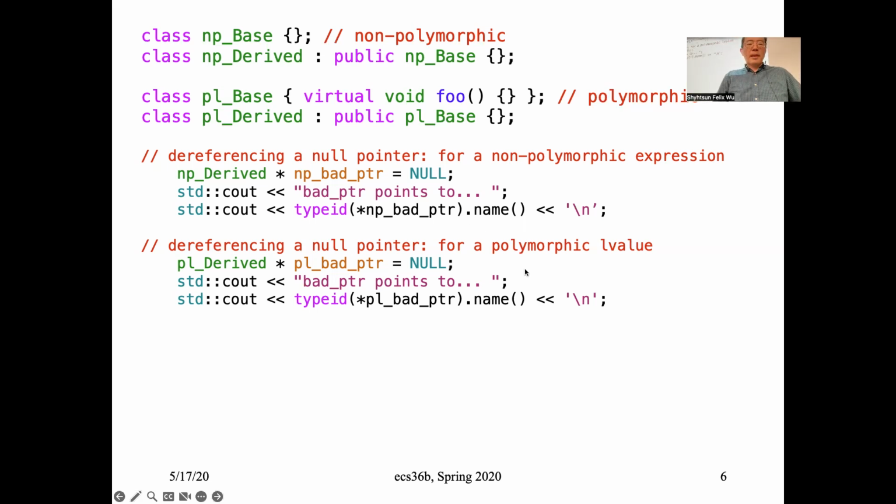I will show you. And what's interesting is now it's polymorphic. Everything else is the same, but I'm using that polymorphic pointer, and I set it to null. Again, I dereference a null pointer and try to get typeid and then the name. What will I get? Let's run the program.